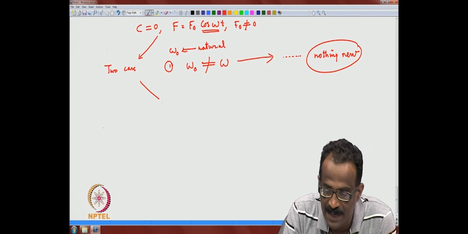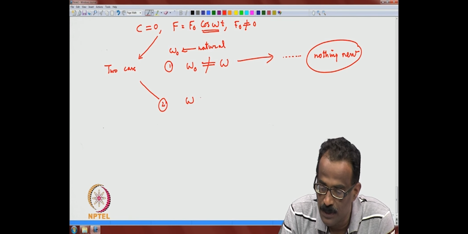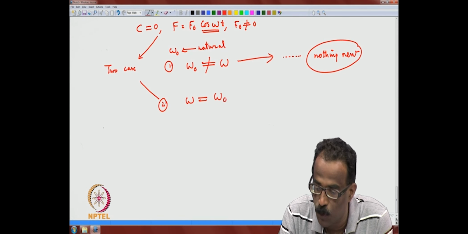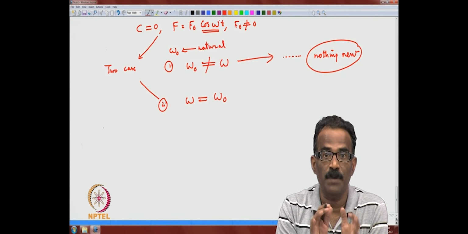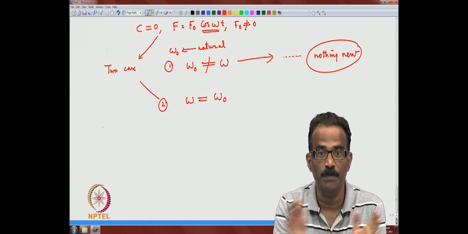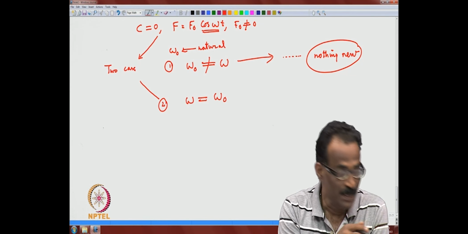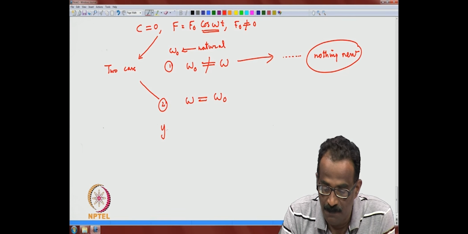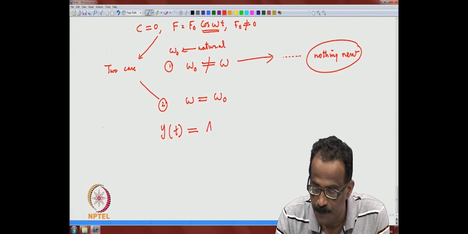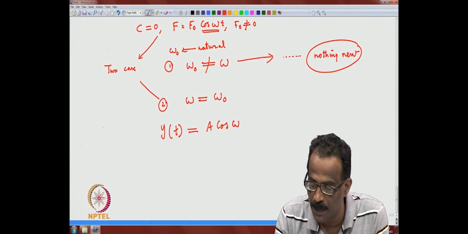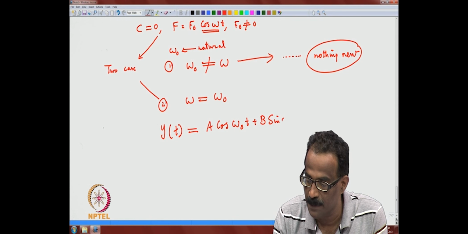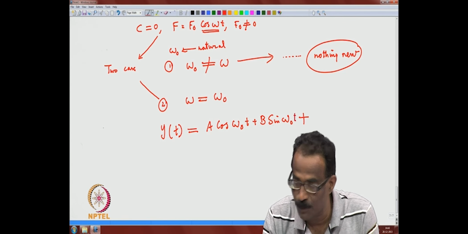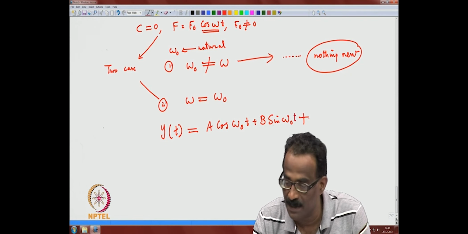The second case is when omega is equal to omega naught, so cos omega t and sin omega t are solutions of your homogeneous system. The solution in this case will look a little more interesting. You will have a solution due to the homogeneous part, c1 cos omega naught t plus c2 sin omega naught t, and then the particular solution will have another factor.